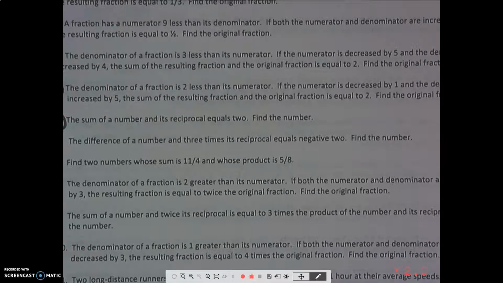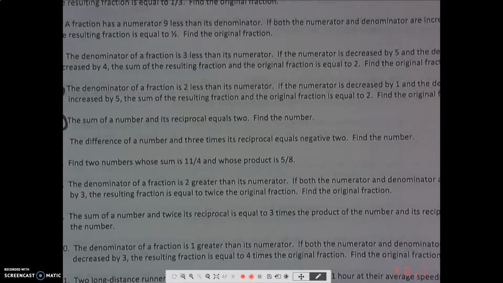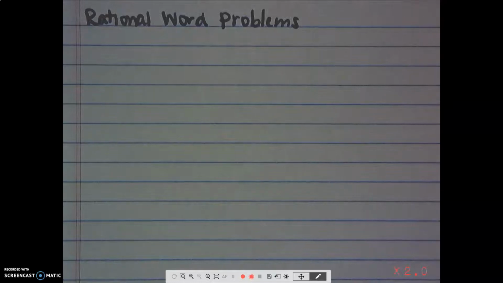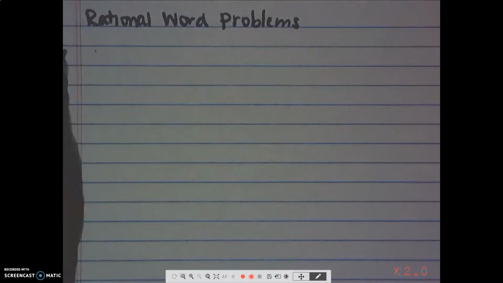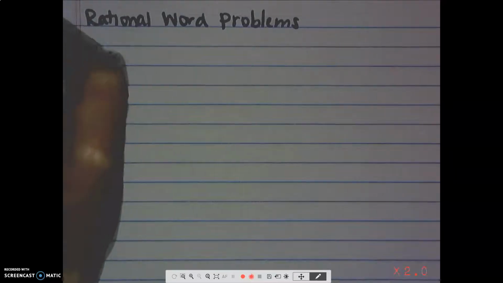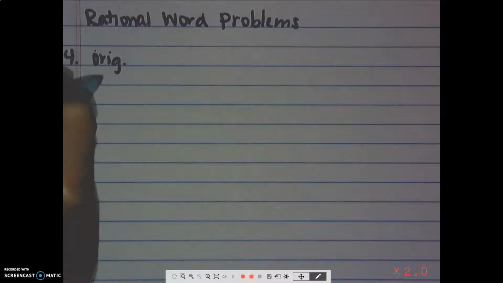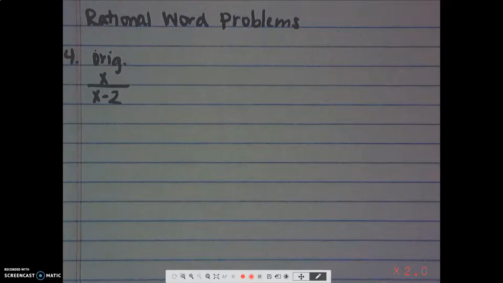So it says the denominator of a fraction is 2 less than its numerator. If the numerator is decreased by 1 and the denominator is increased by 5, the sum of the resulting fraction and the original fraction is equal to 2. Find the original fraction. Okay, so we have the original. We know that the denominator is 2 less than the numerator, so that would look like this.